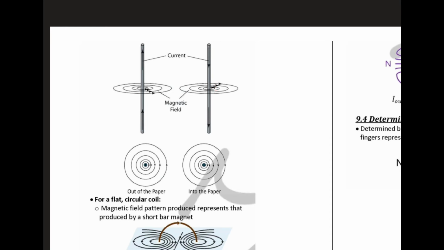This is the top view, where you look at it from the top. For this, the current is coming up. If you look at it from the top, this should be a dot. A dot means the current is coming out of the paper.